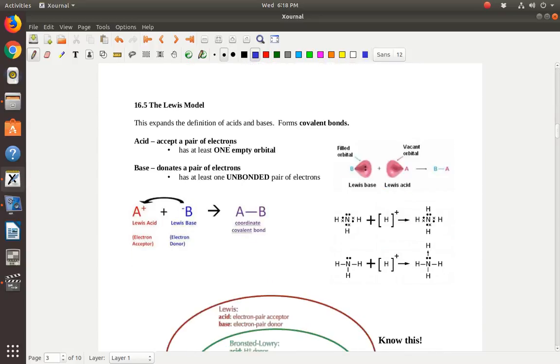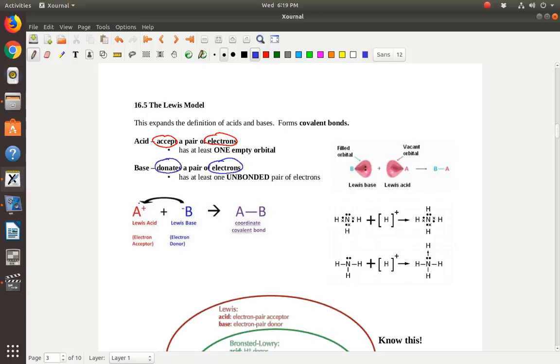Then we had the Lewis model, which is the most difficult to figure out, but the acids are the opposite. In the Bronsted-Lowry model, acids are proton donors. In the Lewis model, acids are the opposite: proton becomes electron, and donate becomes accept. So they're electron acceptors. In the Bronsted-Lowry model, bases are proton acceptors. In the Lewis model, bases are the opposite: protons become electrons, and accepting becomes donating.